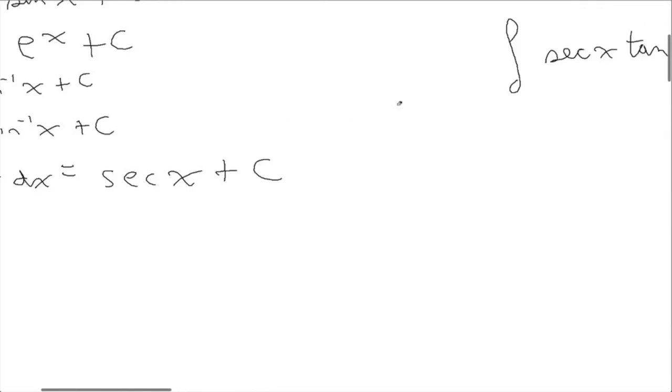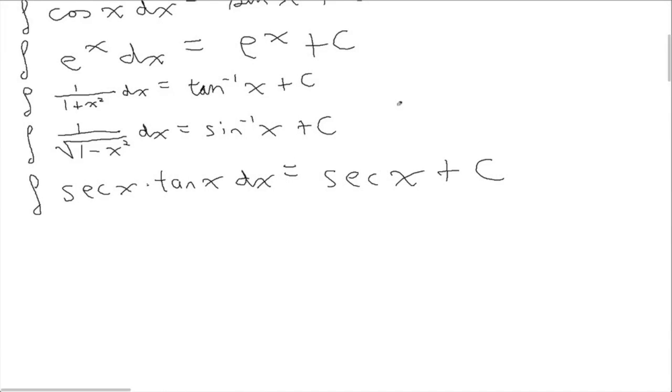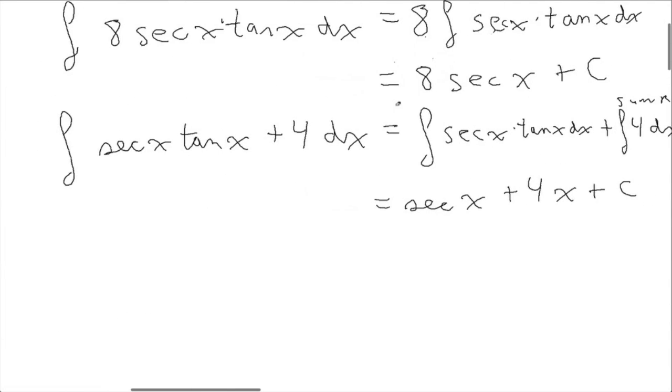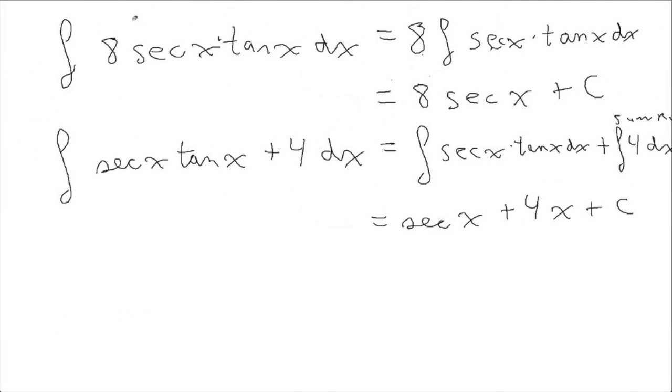So notice the big difference between this and the previous problem. In the previous problem, you didn't actually take the antiderivative of the 8 because you were using the constant multiple rule, and the 8 escaped from the integral in the very first step.